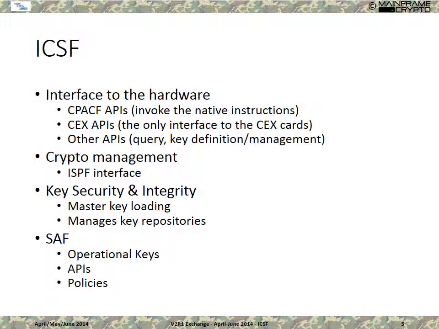But when it gets to storage location 2, it is in fact encrypted using the algorithm and the key material that you specified. So you can invoke those instructions directly without using ICSF. However, ICSF does provide APIs that can be used to invoke those instructions as well.